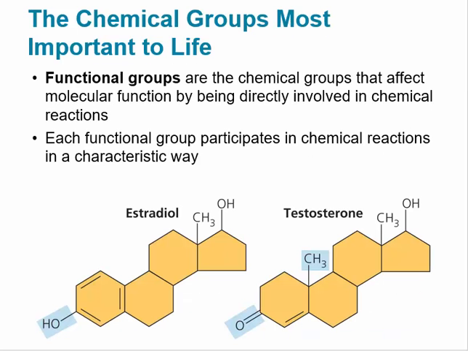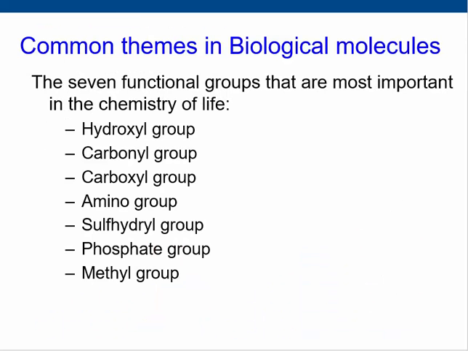In this particular case, these are functional groups that are important because they participate in a chemical reaction. But really a functional group is something that helps give that compound its properties. And so what are some of those functional groups that we see in living things? Well, here's the list of them, and we'll look more closely at them.